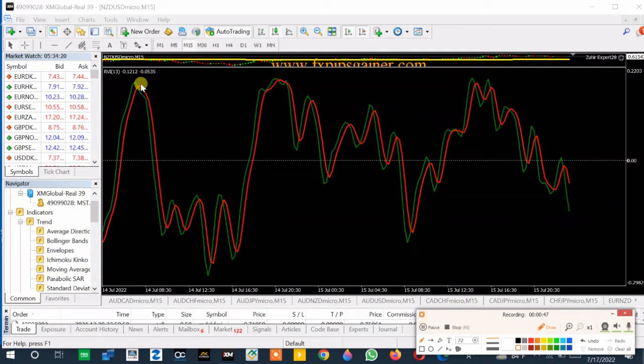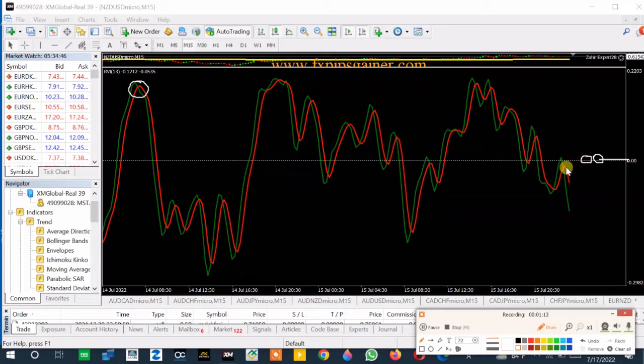First, this is a crossover and it is a signal. This is the zero line. When this indicator is above the zero line, that means it is oversold. It is a kind of oscillator indicator like stochastic or RSI.